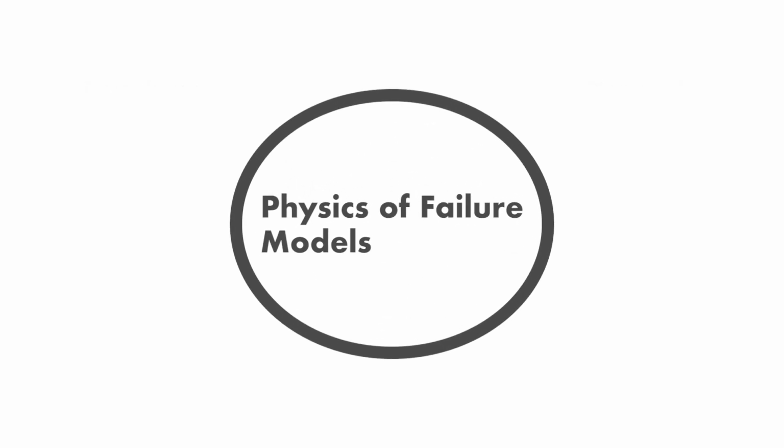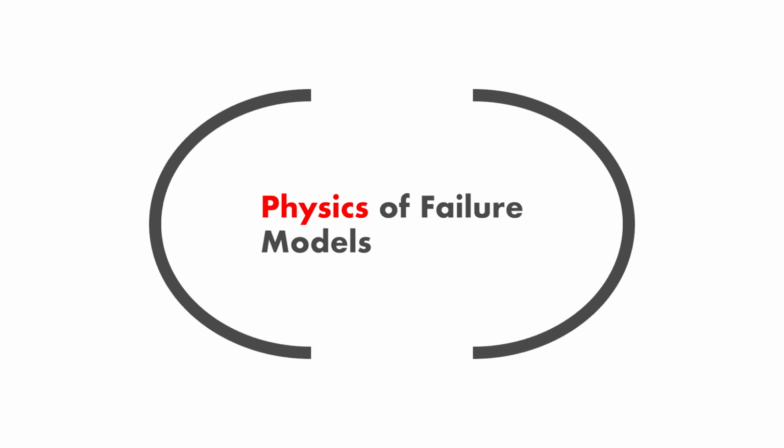Today we will focus on physics of failure models, which are models that are mostly based on physics, on first principles, on equations, on some kind of reasoning that involves physics.